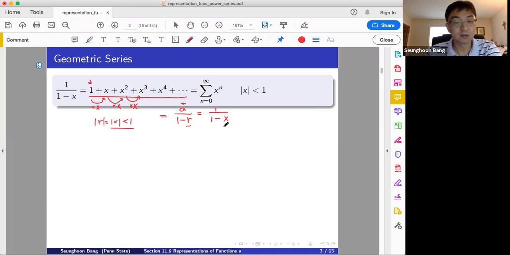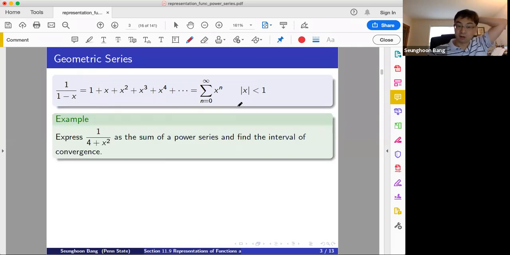So we have this result. The geometric series is given, we can find the convergent number, just if the absolute value of the common ratio is less than 1. So what is the idea in section 11.9? We are going backward. Here, the function is given, you can change it to the power series representation. Exactly, the summation from n equal to 0 to infinity, x to the n. This is the idea.